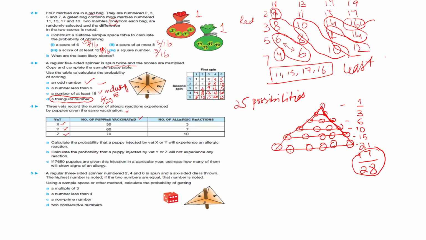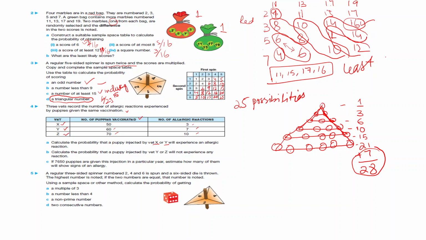Vet X vaccinated 50, number of allergy reactions is 3. Y vaccinated 60 and number of allergies 7. Z vaccinated 70 and this is 10. So calculate the probability that a puppy injected by X or Y will experience an allergic reaction.